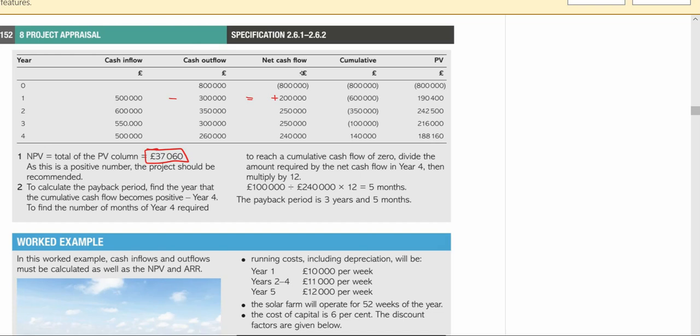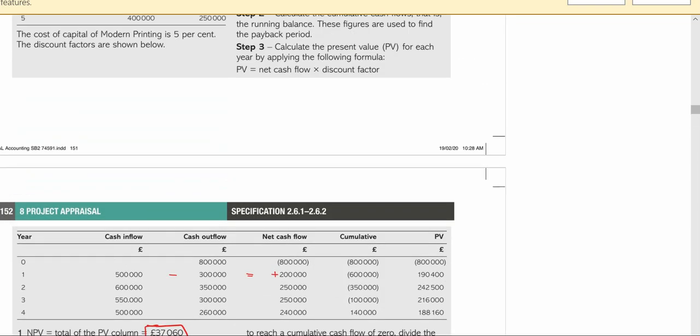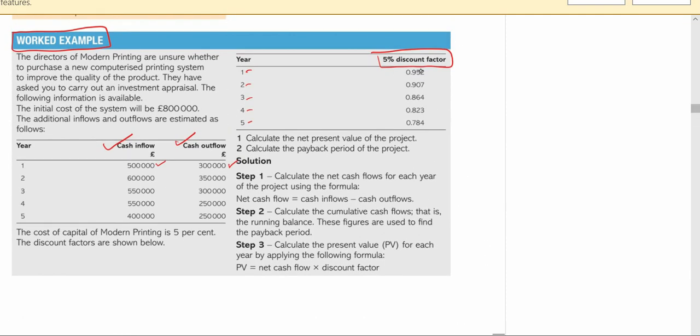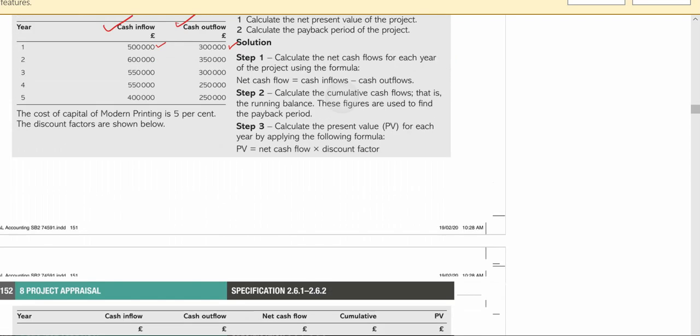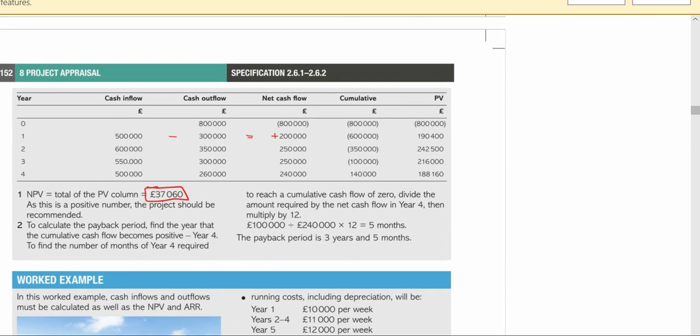Once you have the net cash flow, apply the discount factors directly and you get the present value. Don't calculate the accumulation, we don't need this.